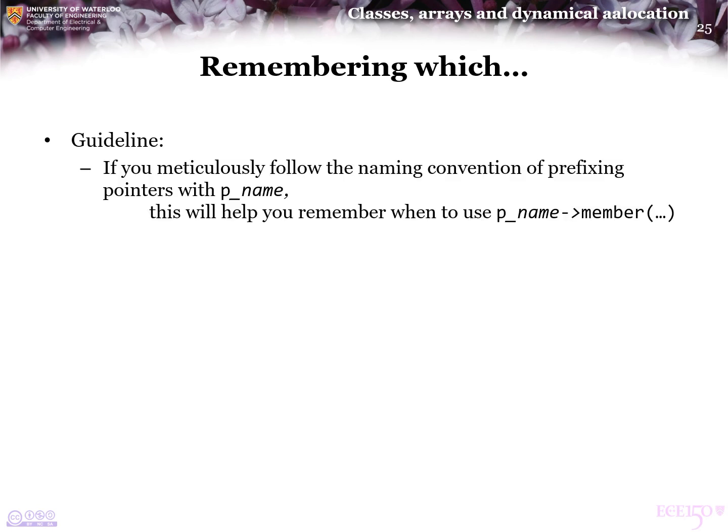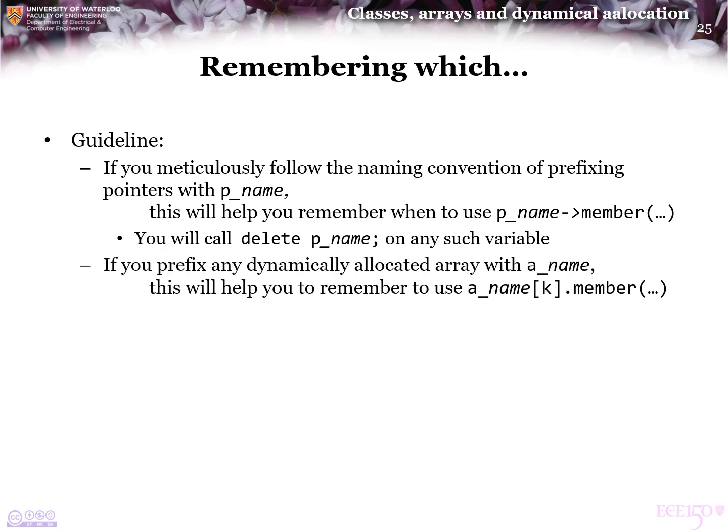So a guideline. If you meticulously follow the naming convention of prefixing pointers with p underscore, this will help you to remember to use the arrow operator when you're calling either a member function or member variable. It will also remind you that when it comes time to clean up that dynamically allocated memory, you must simply use delete.